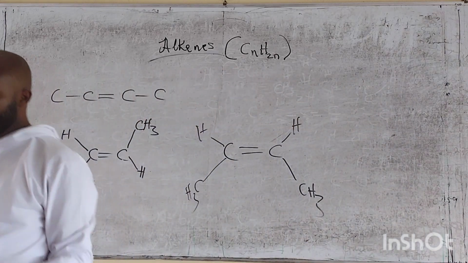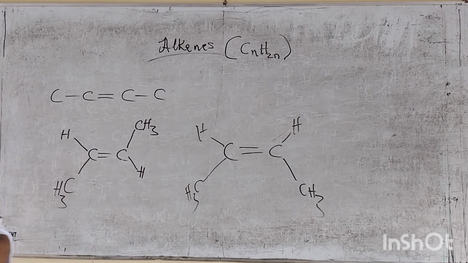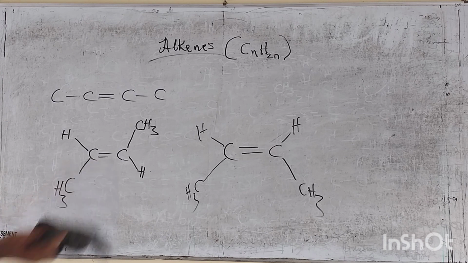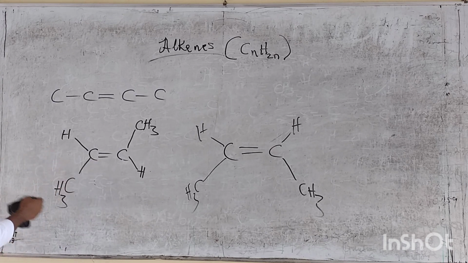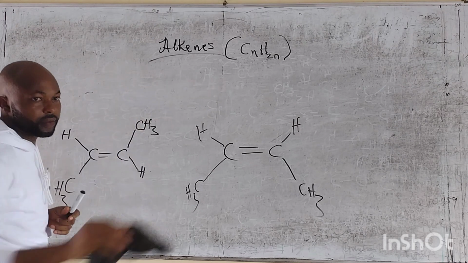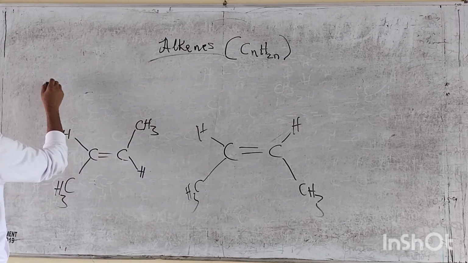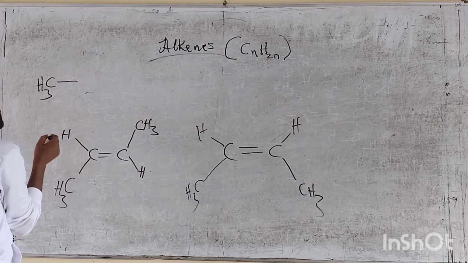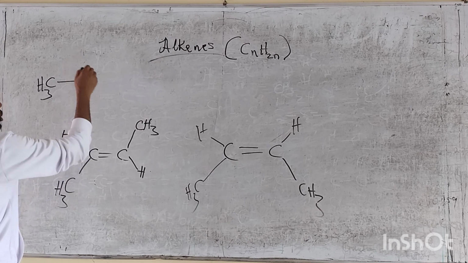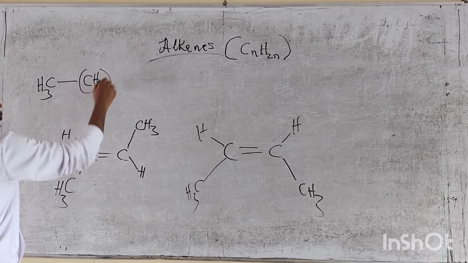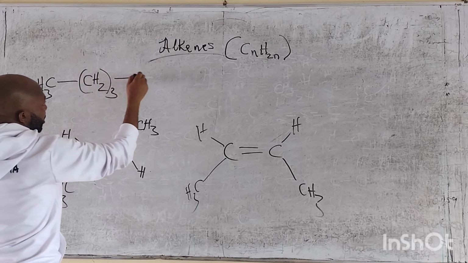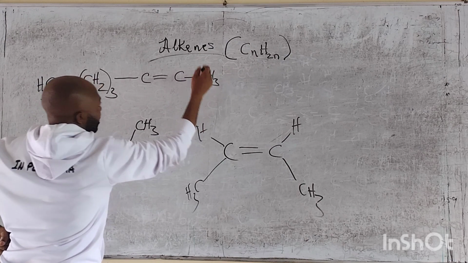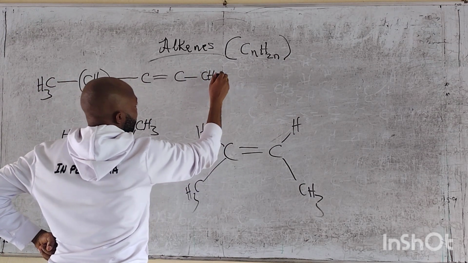We can do this plenty, as many as we want. Let's take a compound that looks a little more complex and see how we can arrange it in terms of cis and trans. CH3, CH2, CH2, CH3.